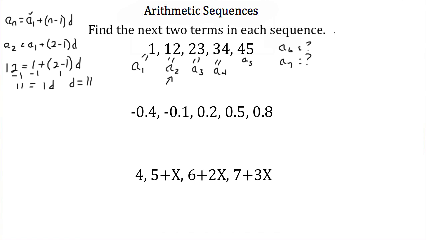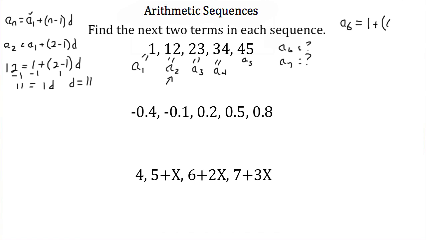So to do that, we're going to use the formula again. And instead of A_n, we're going to solve for A6. A6 is equal to our first term, A1, which is 1, plus, now our n is equal to 6 because we're discussing the sixth term.